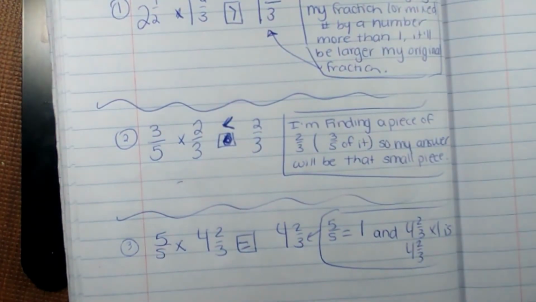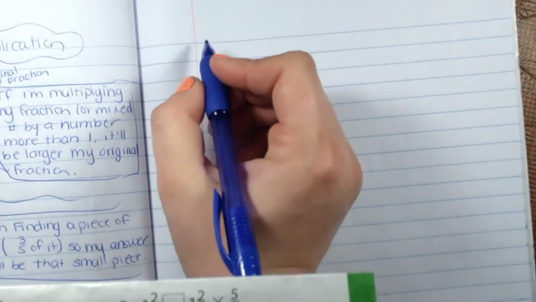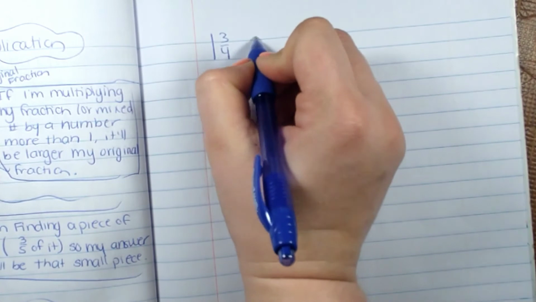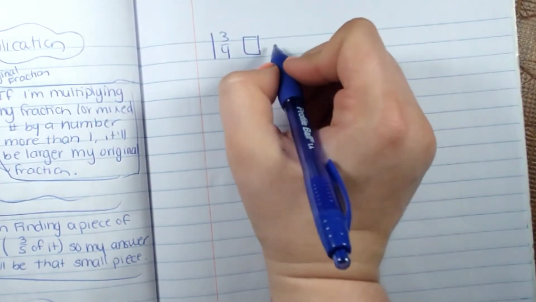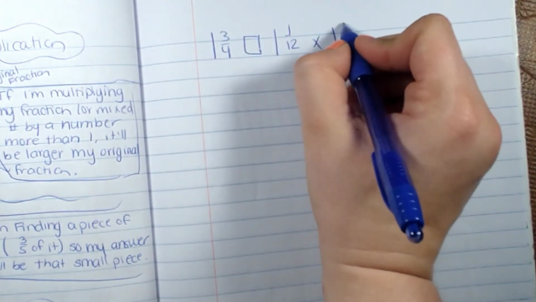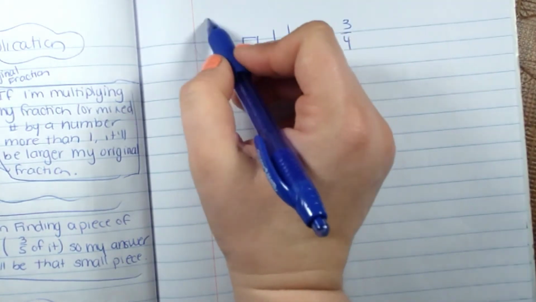Okay, so we're going to do a couple over here from page 356. It will be, let's see here, 1 3/4. And if they flip-flop it, it doesn't matter. It's the same thing. They just put it on the other side. So I'm going to look, what am I multiplying this number by?